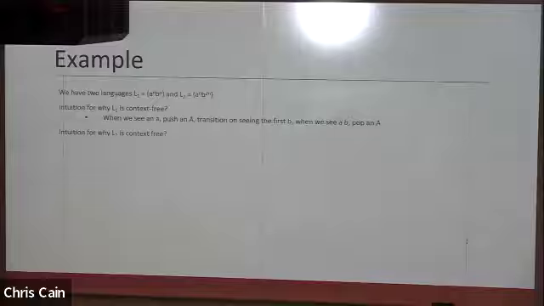How about language 2? Why is language 2 context-free? Now think about this in terms of an NPDA. How would you construct an NPDA for a^n b^(2n)?